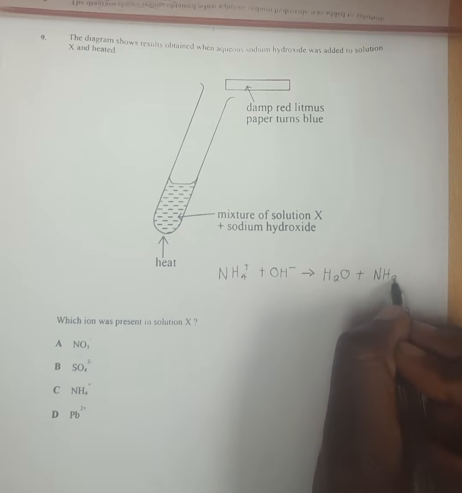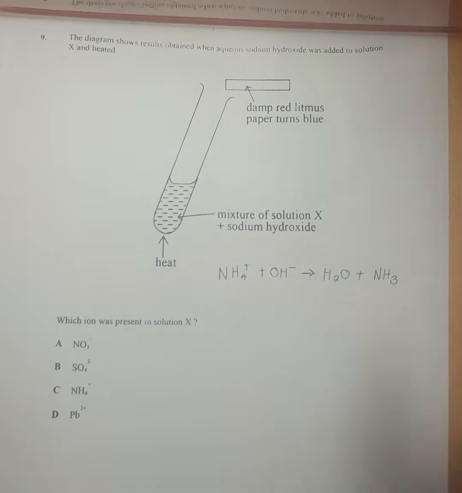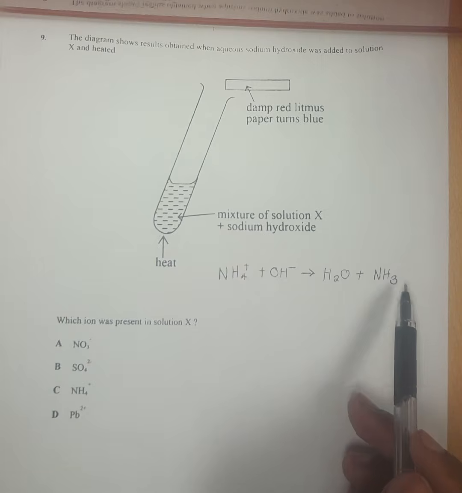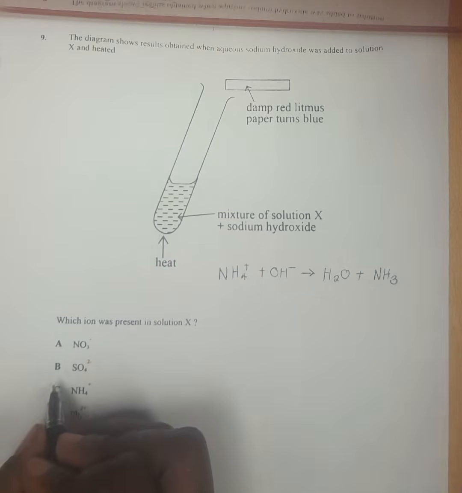So what is going to happen is that this ammonia is going to dissolve in water to form an alkaline solution. If we use a damp red litmus paper, it is going to turn from red to blue, indicating that this is an alkaline solution. So the correct answer is going to be C on number 9.